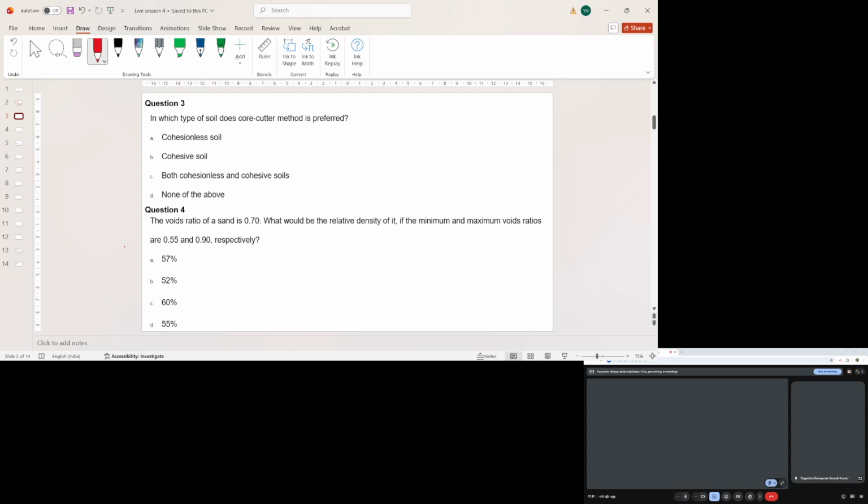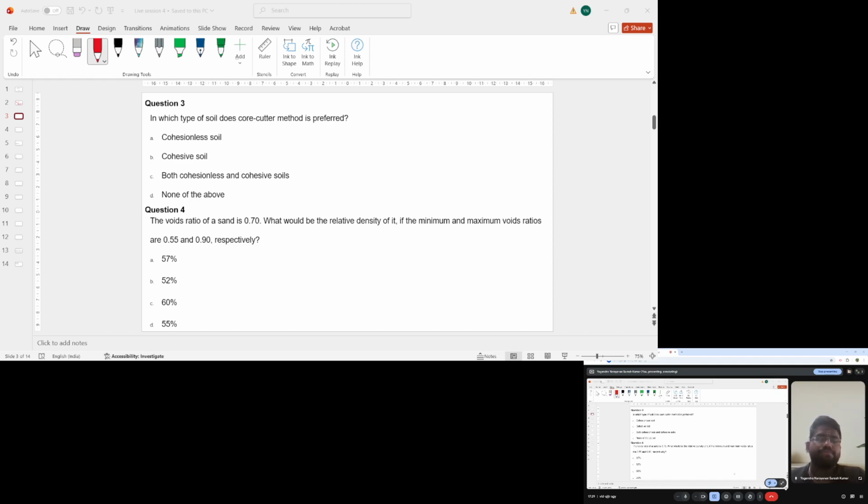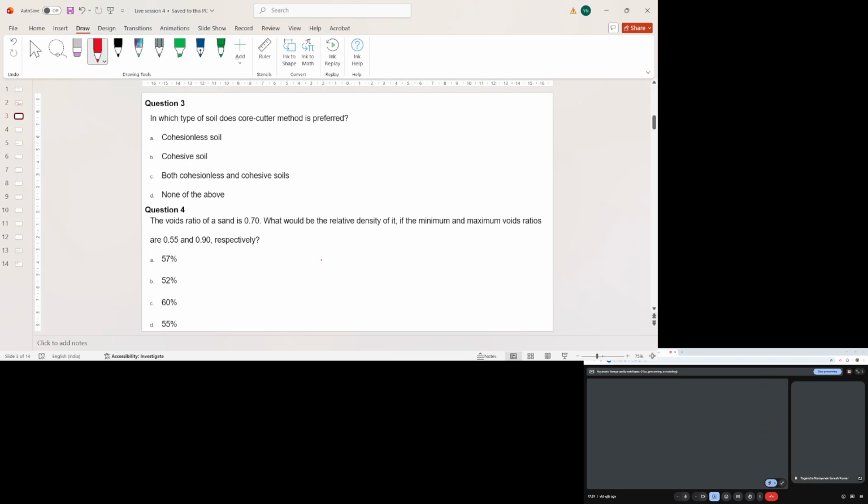However, the major requirement for this core cutter is the soil. Once you press the core cutter deep inside the soil, and once you remove it, we have to take that soil.